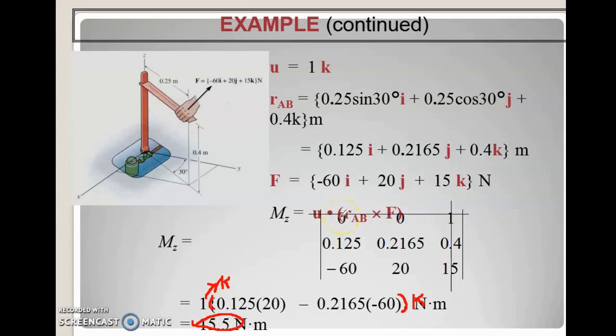You also can do the cross product operation for the other components, like the i component. You eliminate this line and do the cross operation here, and for the j component the same thing.